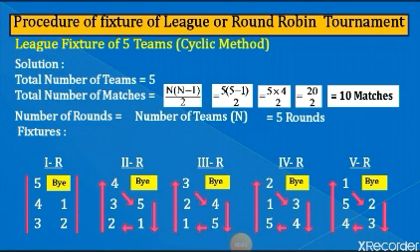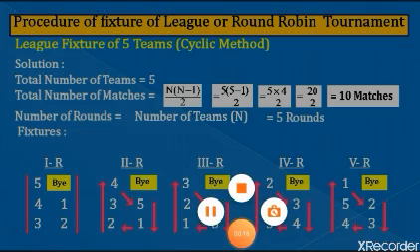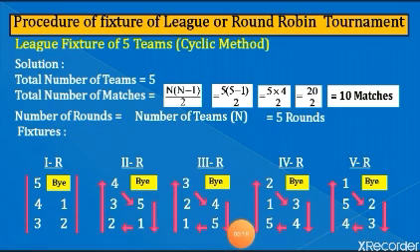In the fourth round, between 1 and 3, 5 and 4. In the fifth round, between 5 and 2, 4 and 3. There are 2 matches in each round, so the total number of matches is 10.